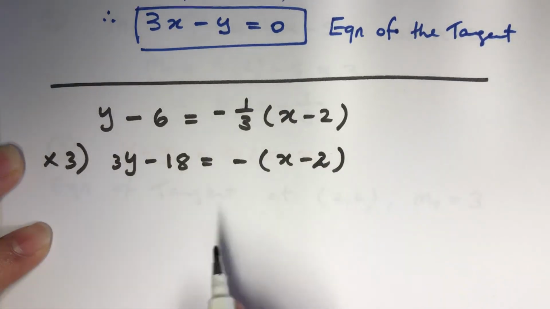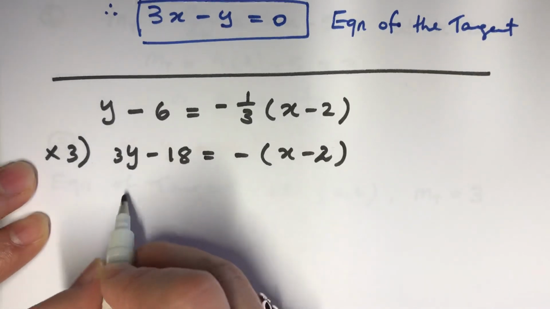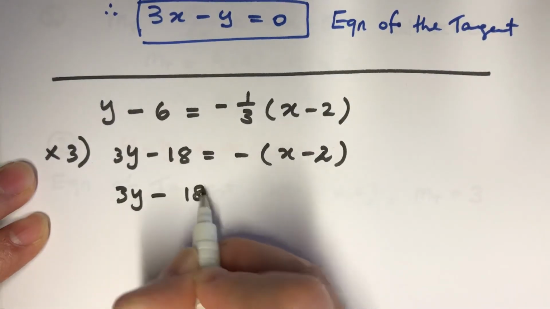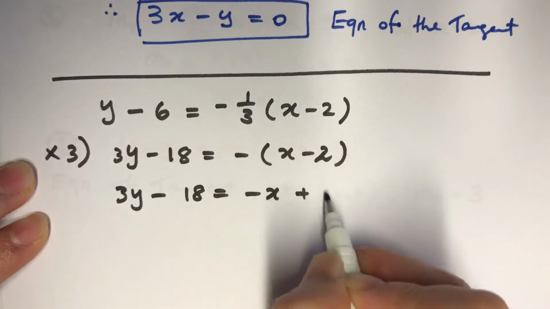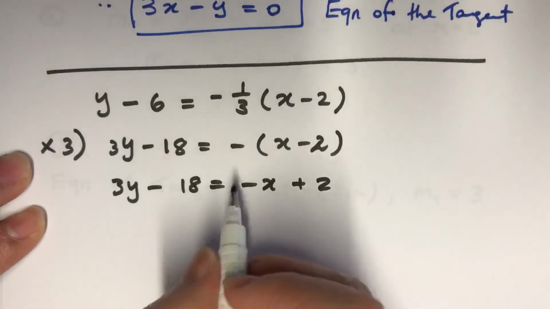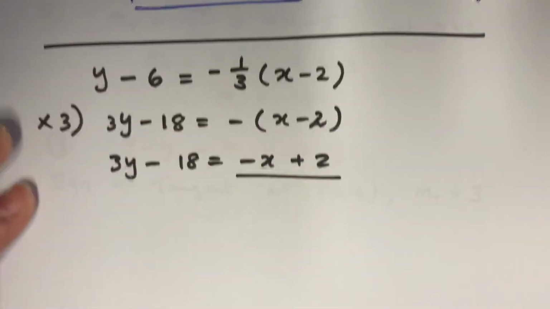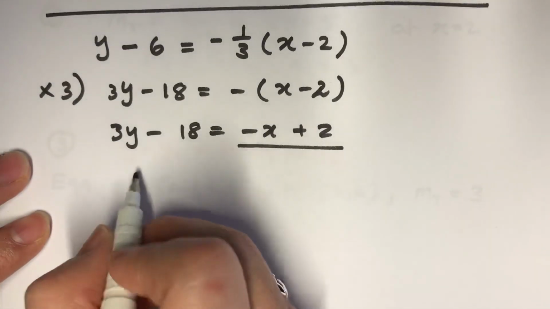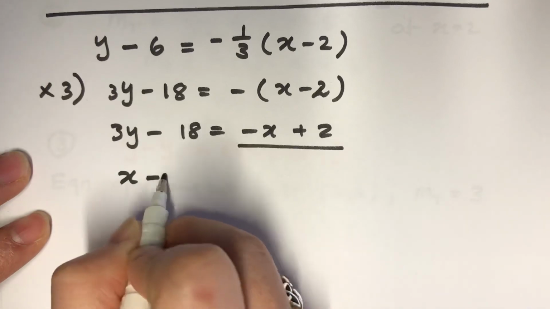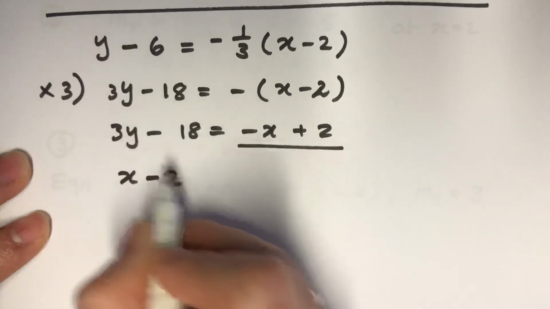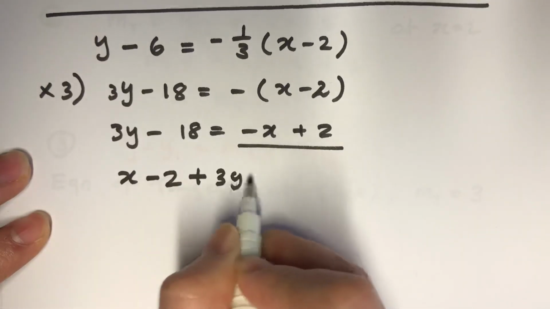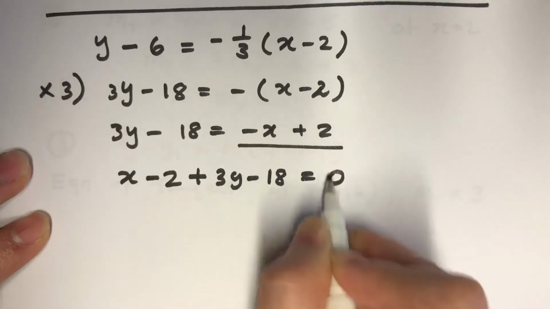Now take your time on this one because it's a negative. Don't jump into it and just do it in your head. That's when you make a mistake. But if you're confident, of course, go ahead. So that's what it is. Now here I'm going to move this one to the other side because I don't like the negative here. So again, I'm going to do general form here. So x minus 2 if I move that over, but this one still stays the same, equals 0.